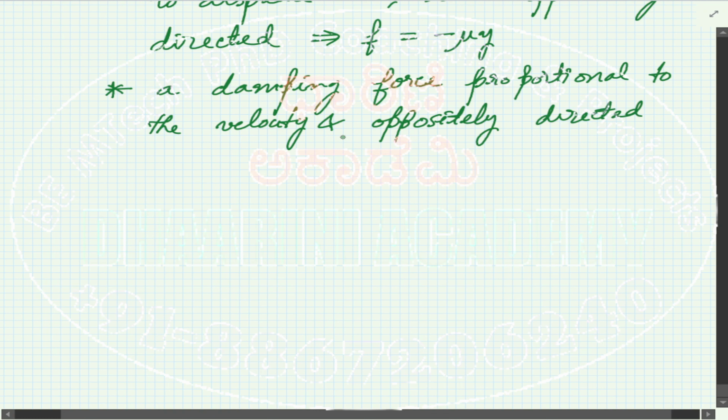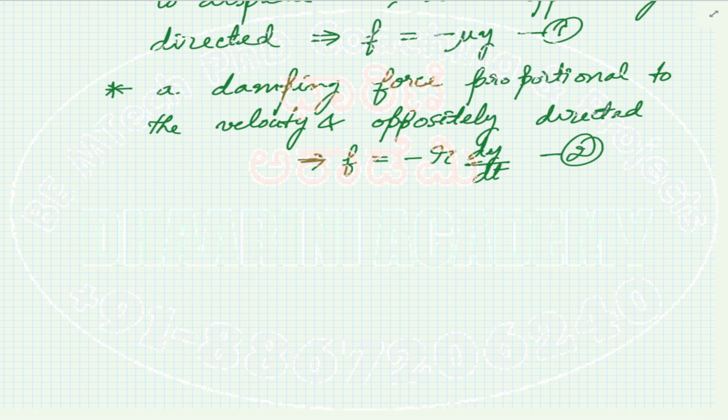So this force equals a constant r, with a minus sign for the reverse direction, into the velocity dy by dt. Let me call the previous equation number 1, this is equation number 2. All the constants we know now.